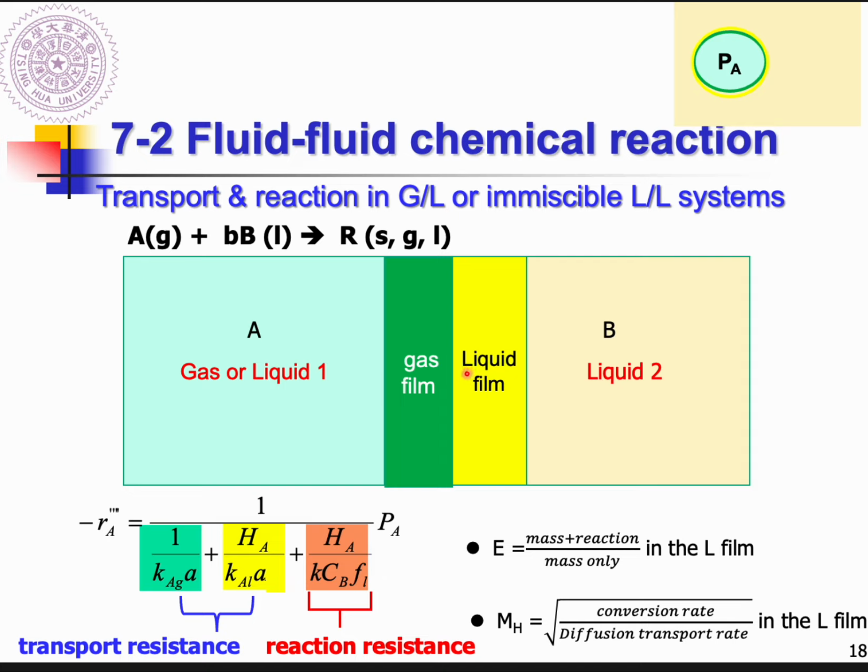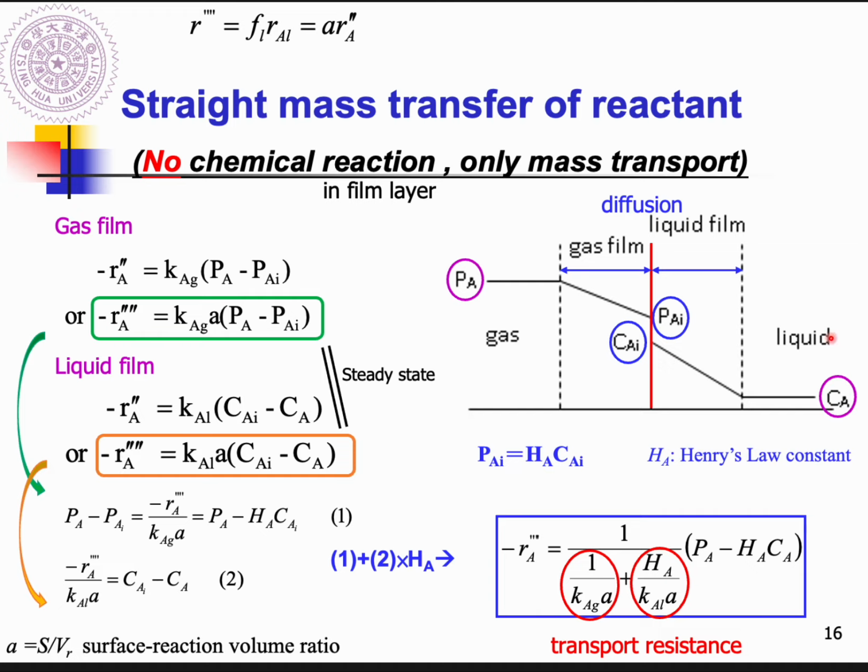That means the reaction happens very fast compared to mass transport. Then all the reaction probably will happen in the liquid film. But under this situation, we cannot use these solutions to estimate the consumption rate of these heterogeneous reactions. Why? Because how we got this one, we assumed fast transport. We haven't had a chance to deal with the reactions happening in the liquid film, right?